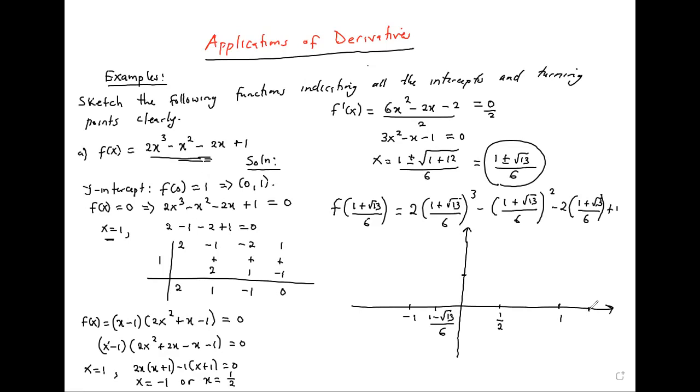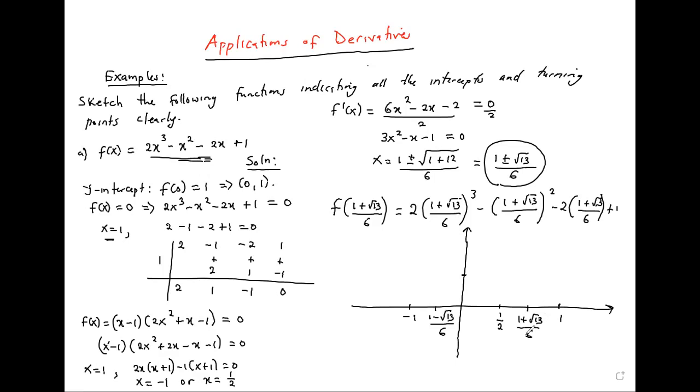Okay. Oh, it's 1 point something. Root 13, let's see. In fact, even less than 1. 1 plus root 13 over 6.